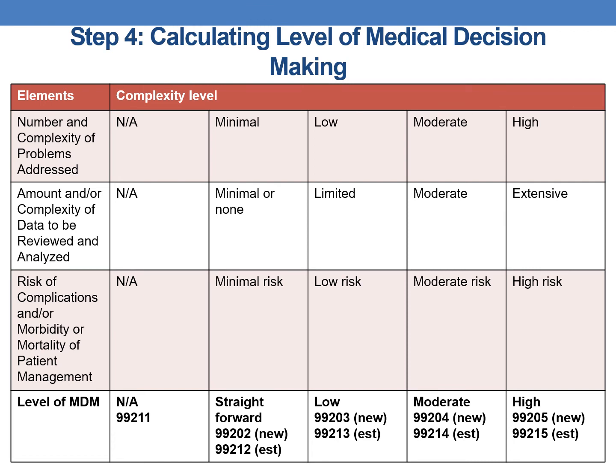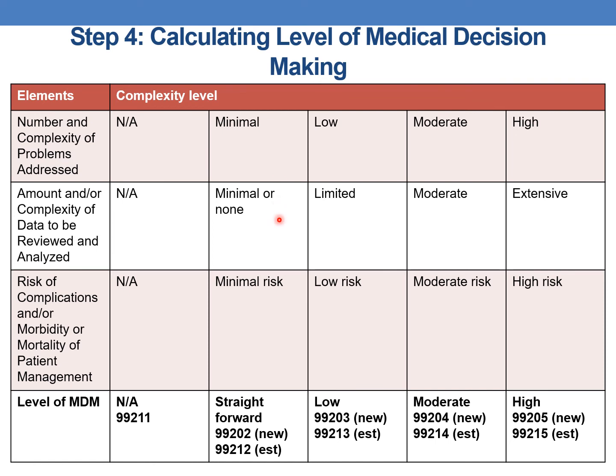So according to number and complexity of problems addressed, here the level is minimal. The next is amount and complexity of data to be reviewed, which is minimal. And the next is risk of complications of morbidity and mortality, which is minimal risk.